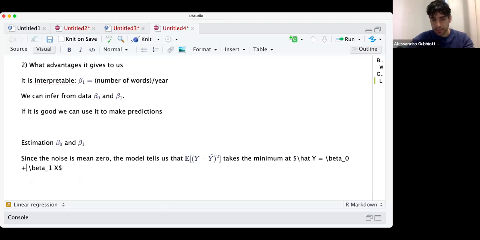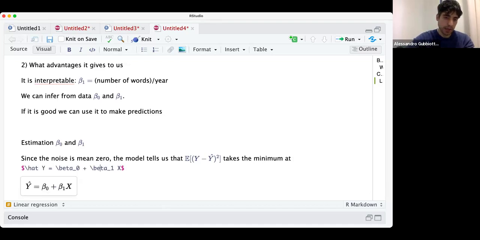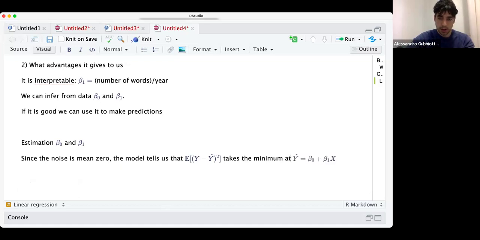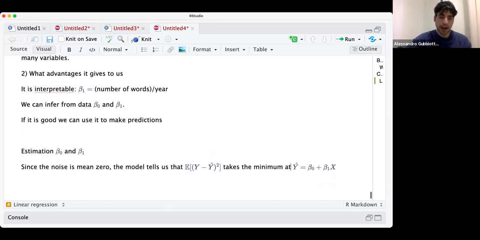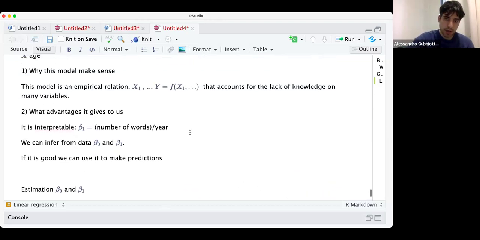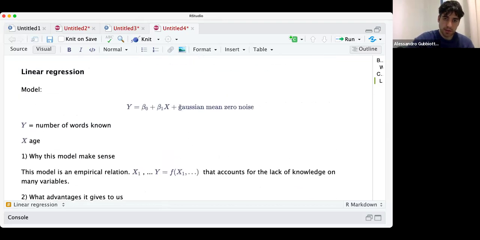Actually I have proved it, but you don't need to review the proof because it was really fast, but it is in the lines of what I told you. Because this noise is mean 0. So like this is linear.